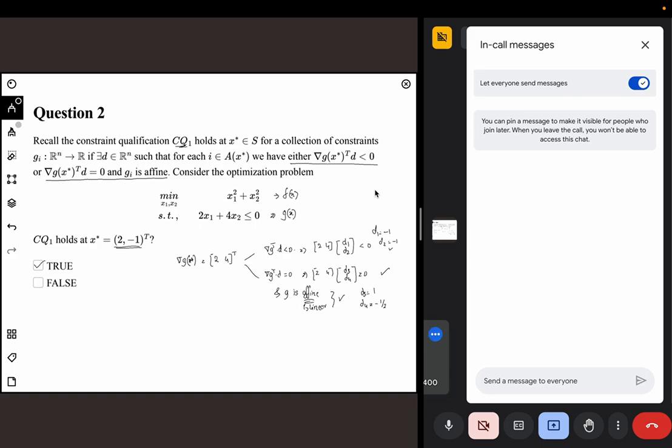Is this clear? I think this is clear. Okay, we'll move on to the next problem.